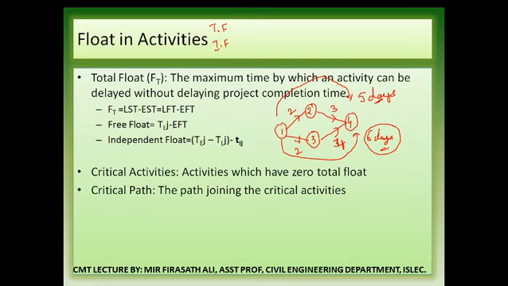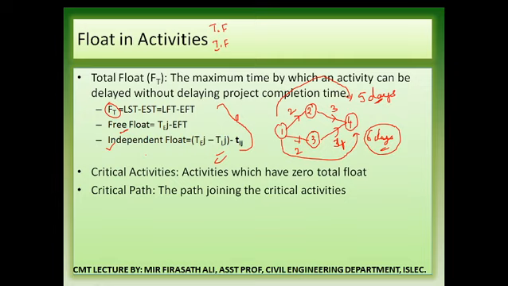As I have said, float is of 3 types: total float, free float, and independent float. The formulas are given. We shall see the application of these floats in problems. We will discuss these formulas in application problems: how to get the total float, the free float, and the independent float.